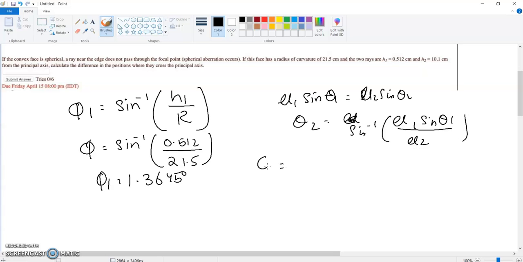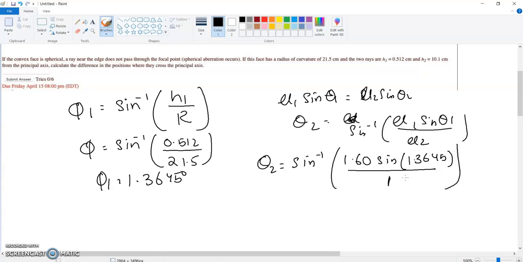So I can write theta 2 as sine inverse, and I'm going to put in the values. The first mu 1 was 1.60, given in the question. Sine of my answer, which is 1.3645, divided by mu 2, which is nothing but air, so I'm going to put a 1 in the denominator because it's in the air.